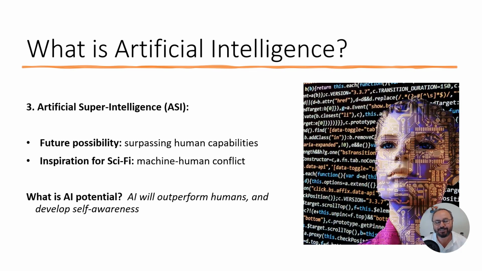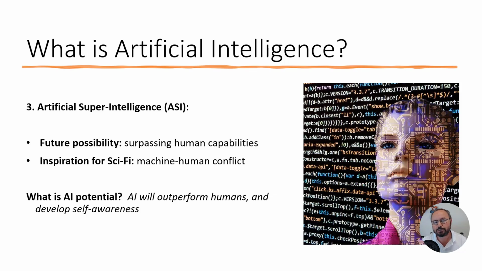There is a third type, artificial superintelligence, known as ASI for short. Now, this type of artificial intelligence is really science fiction. There's no reality to it, but it's meant to engage people to think about what could be possible down the road.